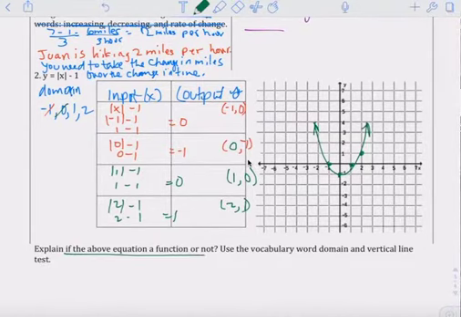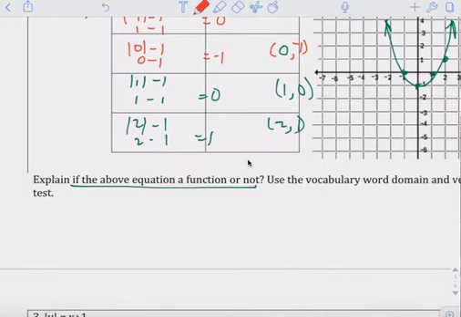Explain if the above equation is a function. Okay, well, it is a function.